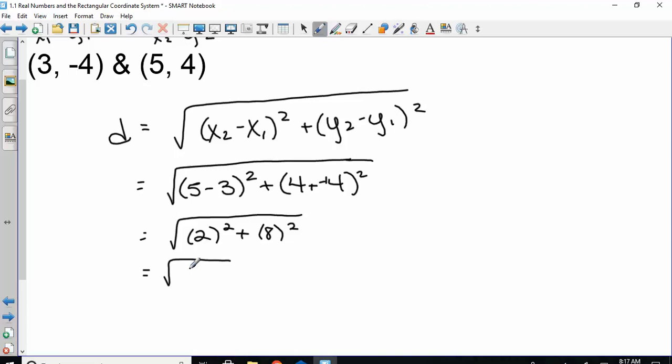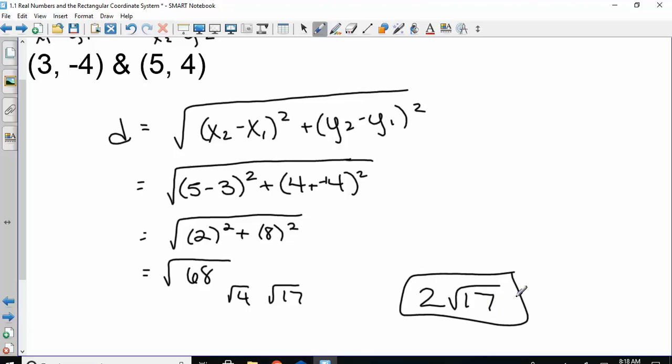So 4 plus 64 is the square root of 68. I do not want decimals, but I do want your radicals in reduced form. Do any perfect squares go into 68? 4 and 17. The square root of 4 is 2, and you get 2 radical 17 for your distance.